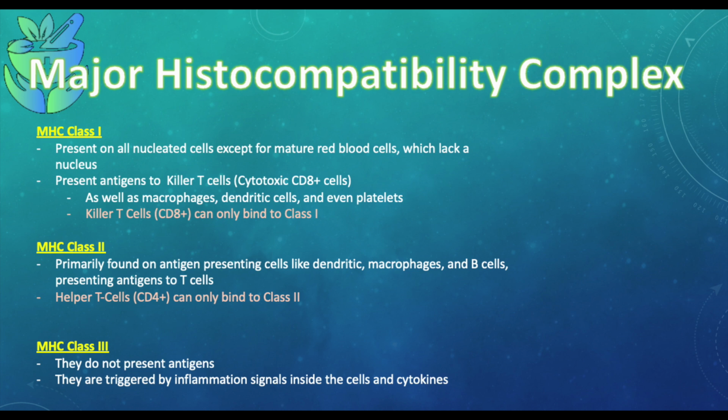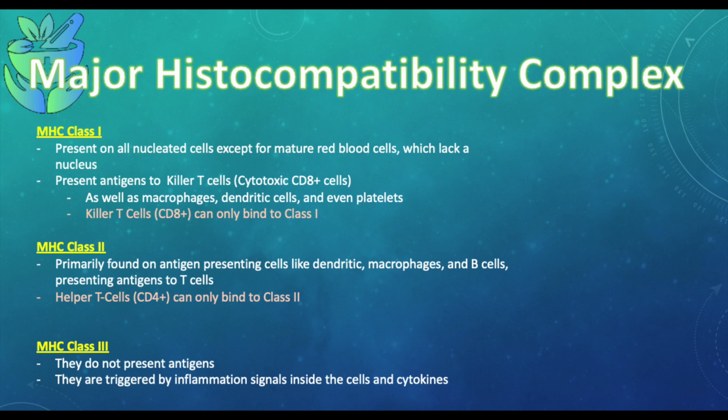Major histocompatibility complex class 2 is primarily found on antigen-presenting cells like dendritic cells, macrophages, and B cells, presenting the antigens again to the T cells. So the dendritic cells, macrophages, and B cells present to the T cells using the MHC class 2. MHC class 3 do not present antigens.